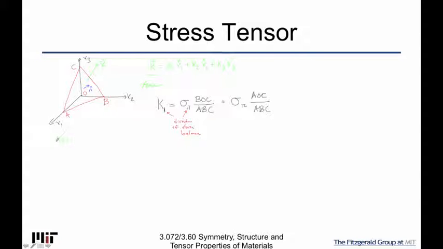The K1 is along the X1, and we're looking at the sigma 1, 1 with the projection of ABC onto BOC. But in this case here, the second one represents the normal to area.